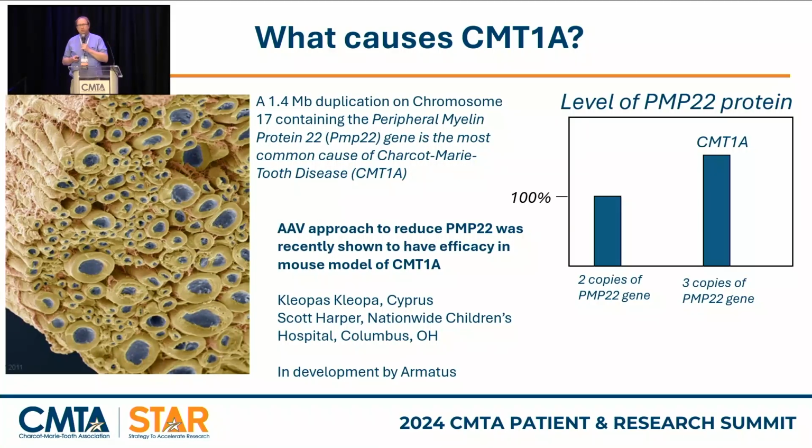This was initially led by Dr. Cleopa, who's a neurologist in Cyprus, in collaboration with Scott Harper at Nationwide Children's Hospital. And if you missed the previous session, Rachel Salzman from Armitage has really shown some spectacular data showing that this looks really feasible to bring to clinical trials. So we're very excited about this approach, and CMT1A is certainly in the crosshairs for that.